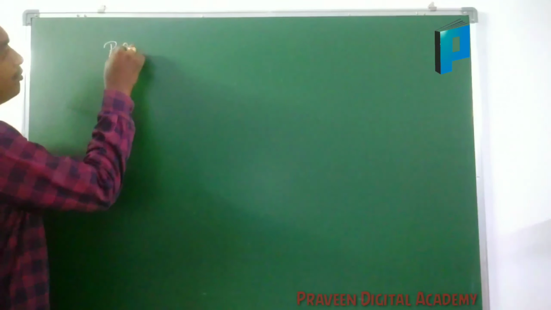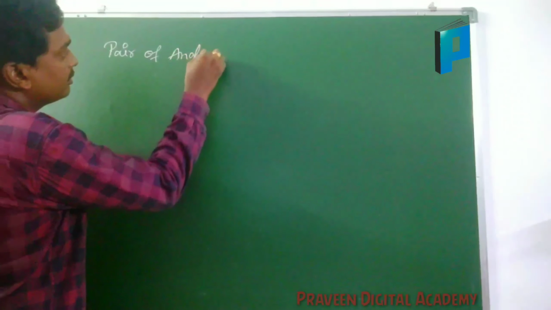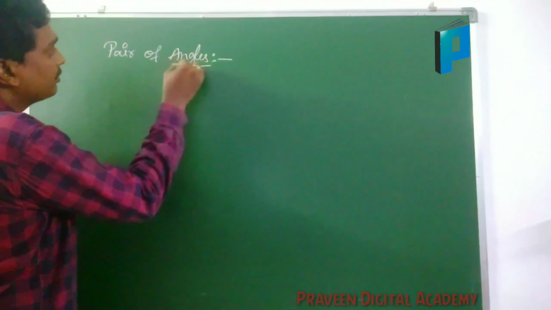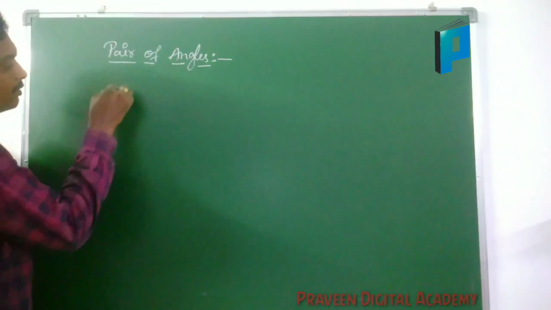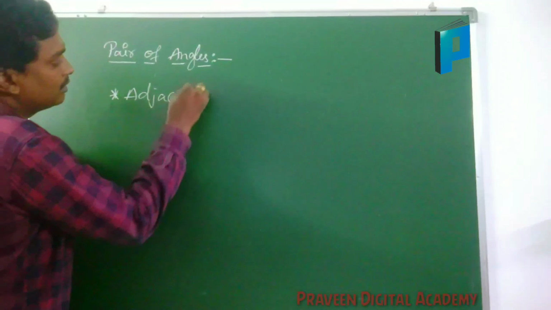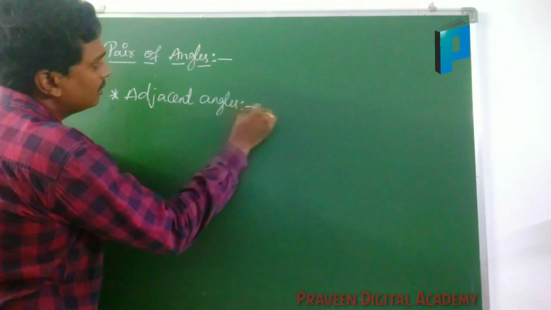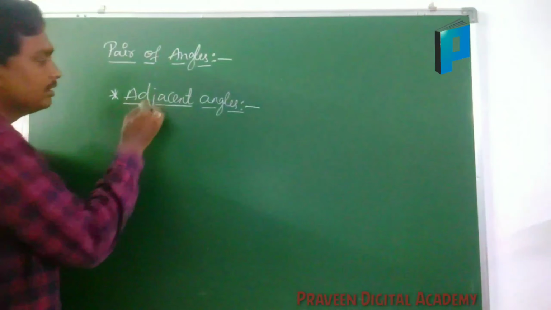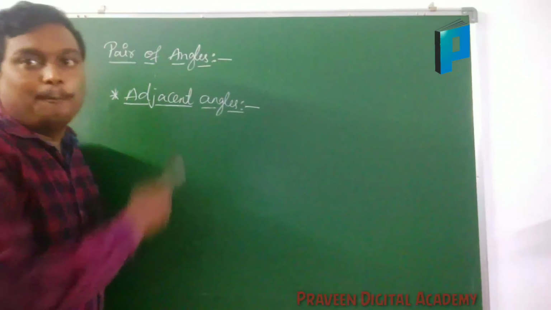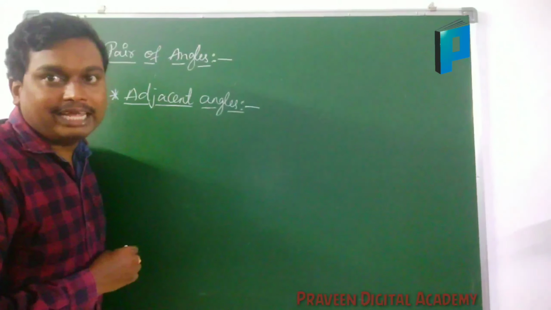Pair of angles. Adjacent angles. Here in a pair of angles we will have two angles.